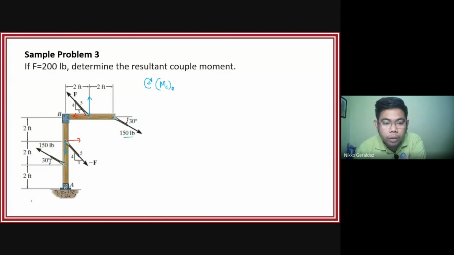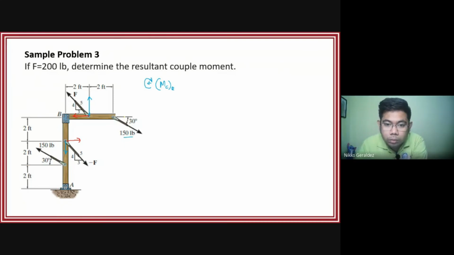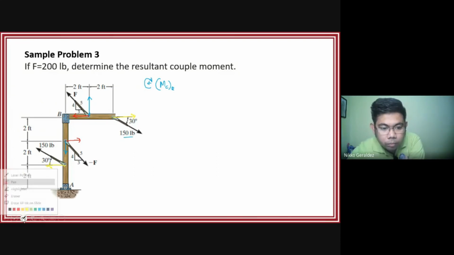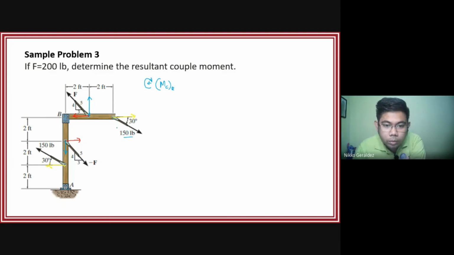Next, itong 150, X component, that is to the right, yung isa to the left. Last, isang downward, isang upward.